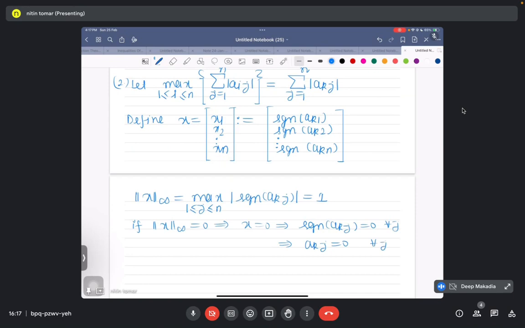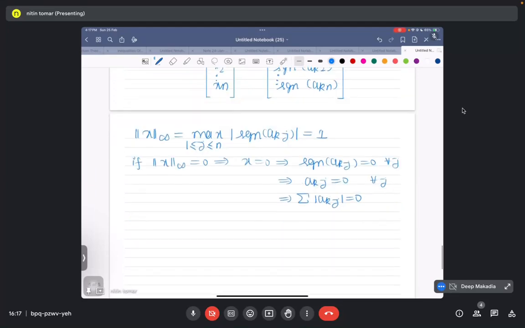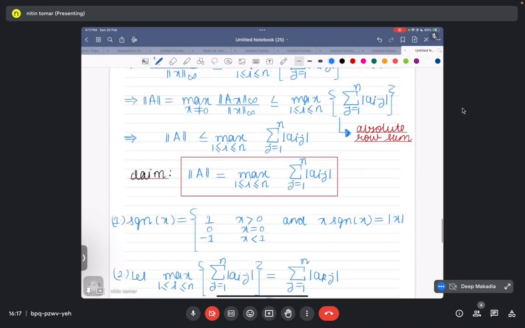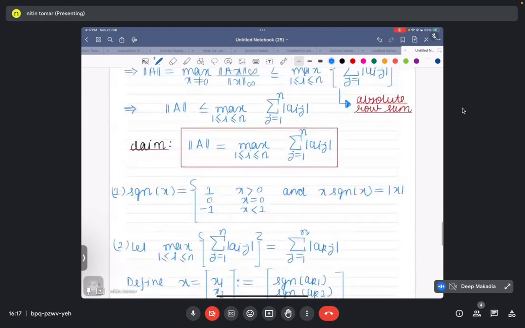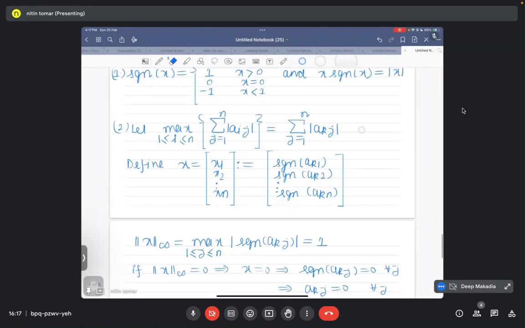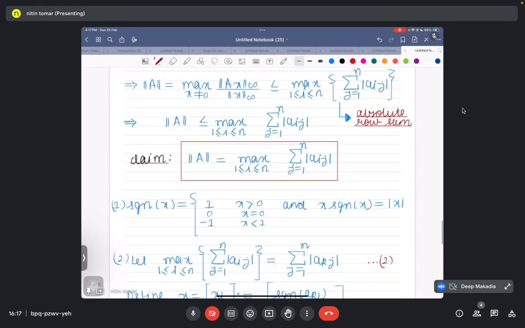Yes. And it will imply that summation mod akj is 0. Am I correct? But we know by this, because we have taken it to be maximum. Exactly.